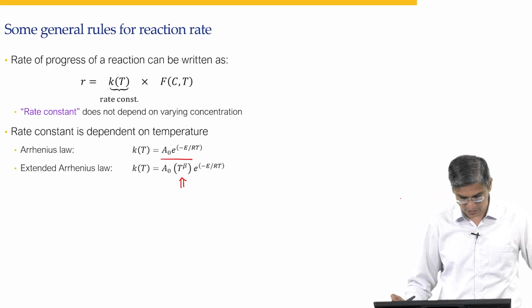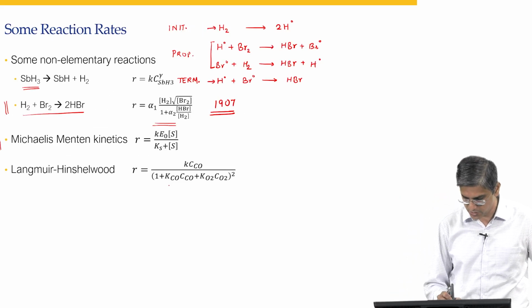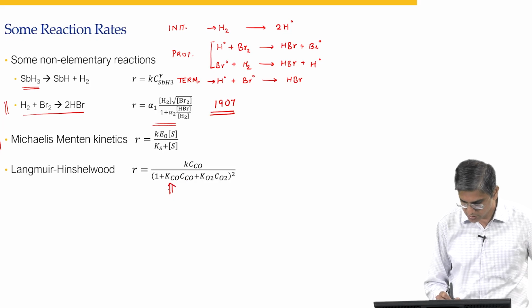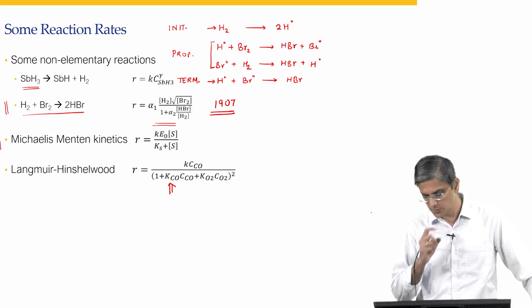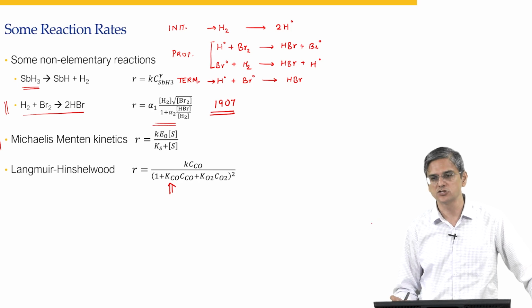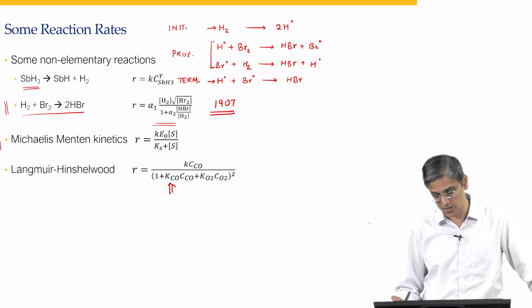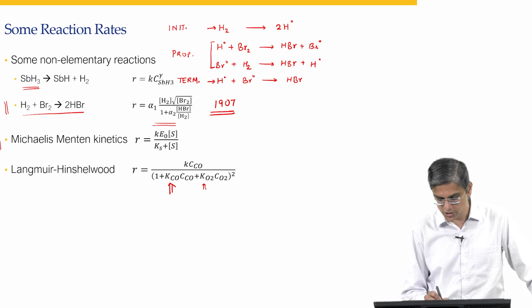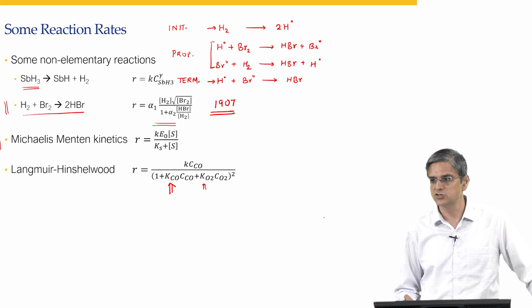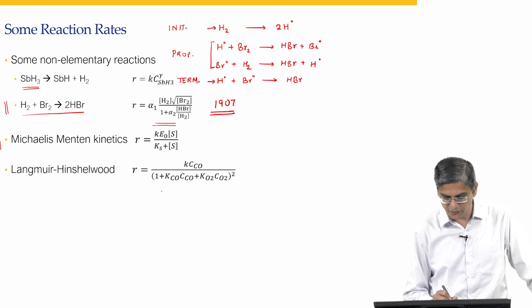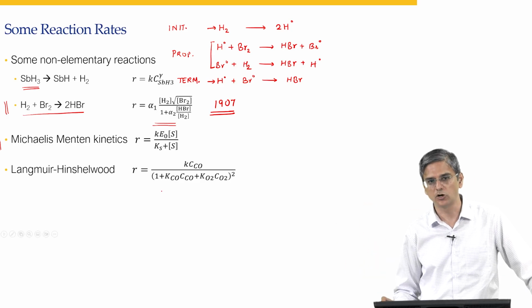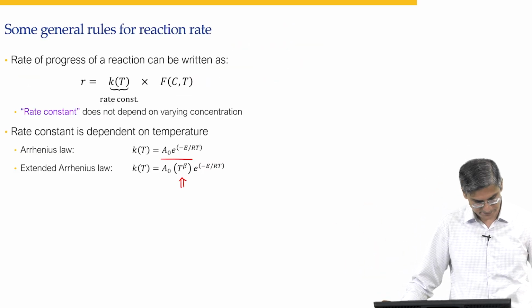We will show later on, for example, this KCO is nothing but your equilibrium constant for adsorption of carbon monoxide. This KO2 is equilibrium constant for adsorption of oxygen. That is something that we will derive next module.